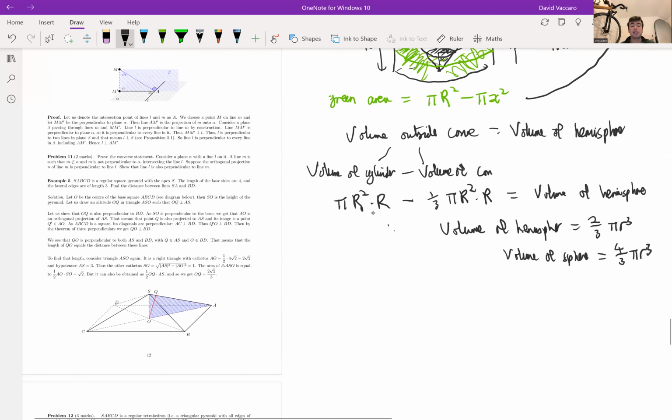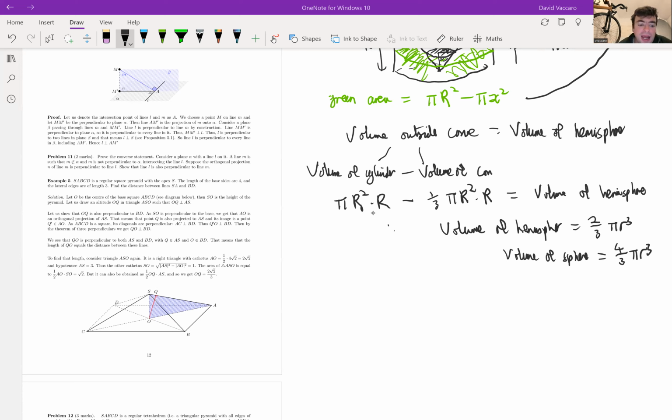Okay, there's a slight hole in this proof, or rather there's a bit of this proof that relies on a result which you might argue we haven't proved. Where is the hole in this proof? Excellent. The hole in this proof is the volume of a cone.